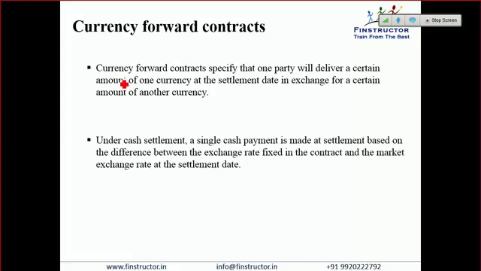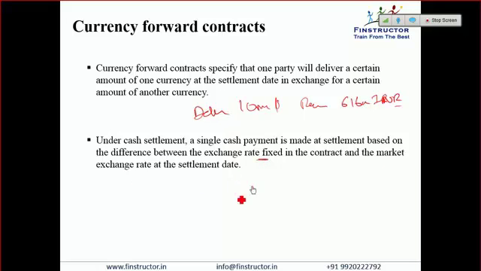So currency forward contracts specify that one party will deliver a certain amount of currency in exchange for a certain other amount of currency. Like in our example, we were delivering $10 million and receiving 616 million INR. Under cash settlement, a single cash payment is made at settlement based on the difference between the exchange rate fixed and the market exchange rate at the settlement date.